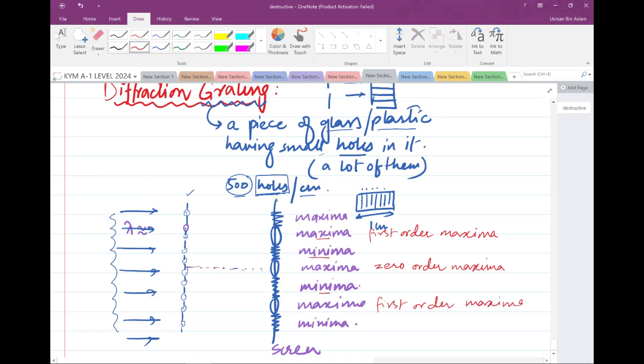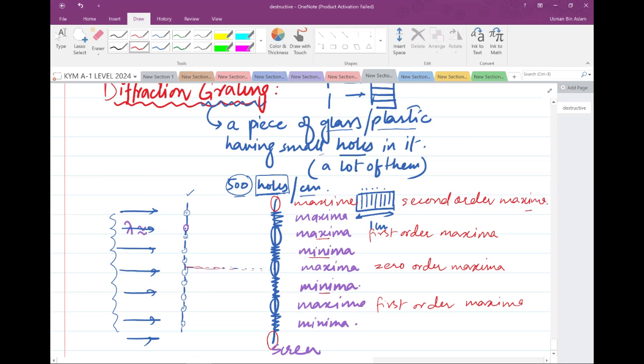Then there are more maximas on either side. This one is going to be the second order maxima. These are just their names, which are referring to their positions above the central line.